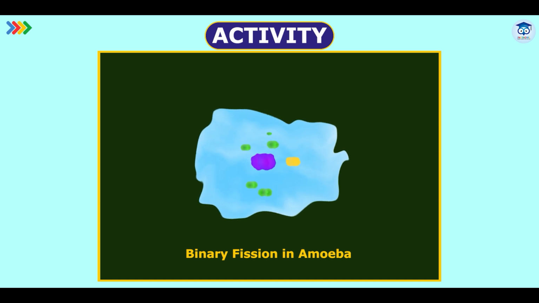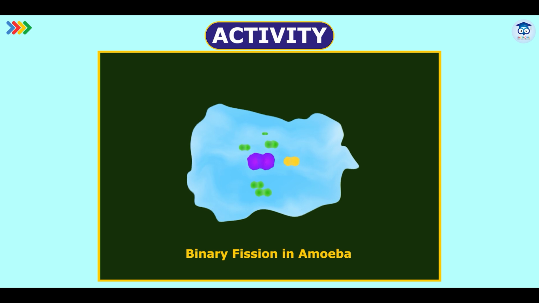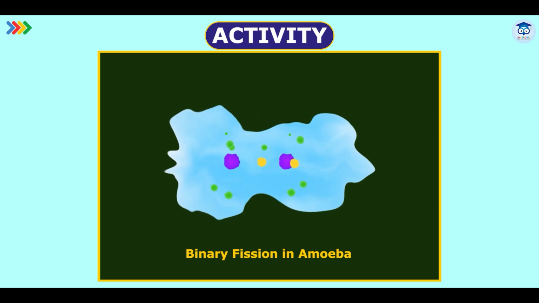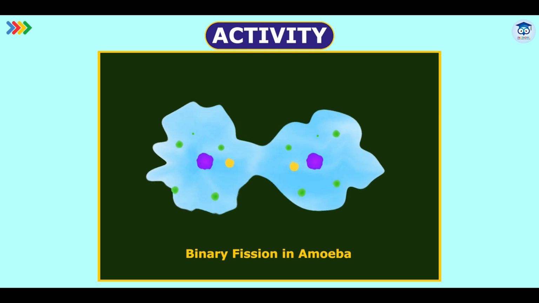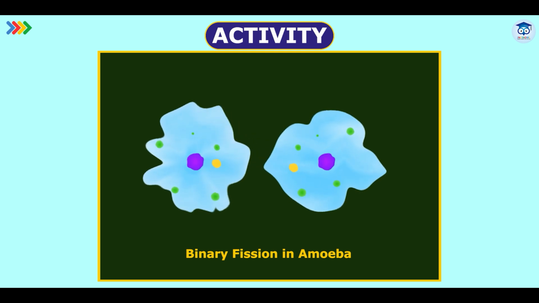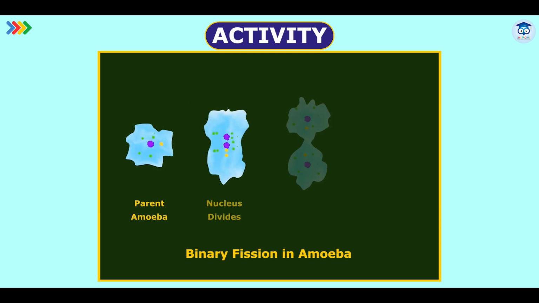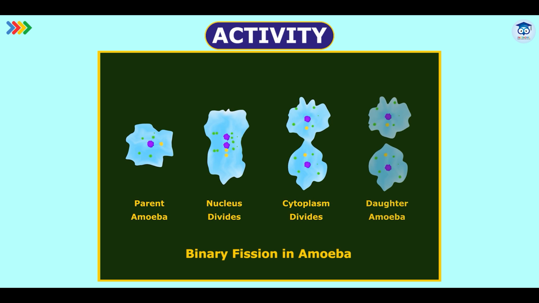Look closely. You'll see the nucleus dividing, followed by the cell pinching inward and eventually splitting into two daughter cells. And that's your result. Amoeba reproduces by binary fission, where one cell divides into two identical cells. It's simple, silent, and happening right before your eyes.